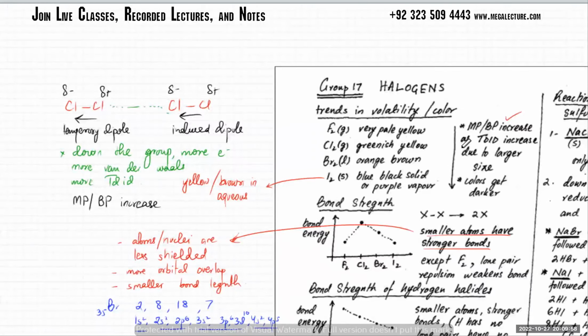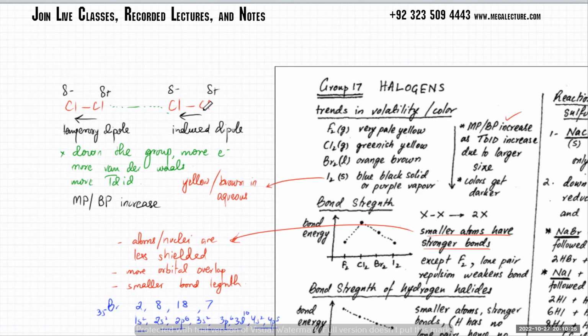Volatility decreases down the group. The melting points and boiling points increase. Why do they increase? Because they've got temporary dipole-induced dipole attraction, which means that they're completely non-polar molecules. The electrons are randomly fluctuating around. Sometimes this side becomes negative, sometimes this side becomes positive. The electrons are constantly shifting around.